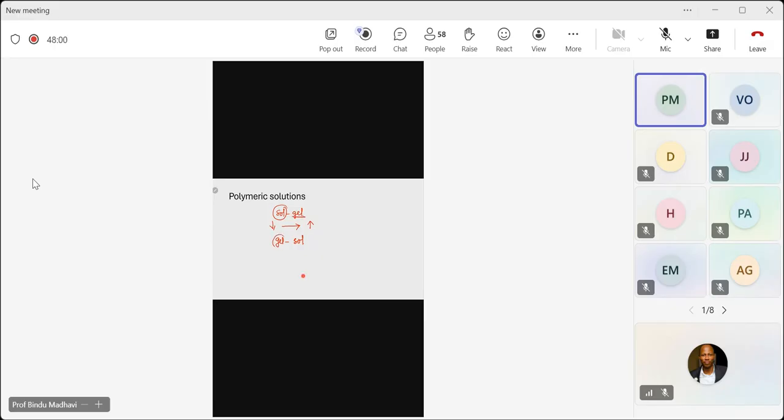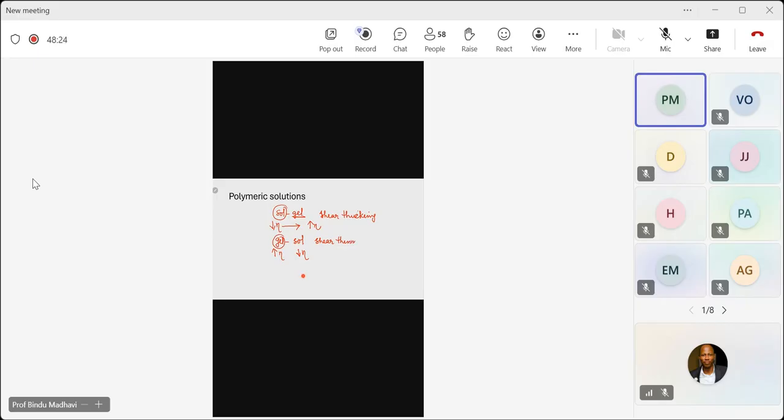So gel is with increased viscosity, and when it is getting into sol state, there is a decrease in viscosity. Shear thickening systems are called sol gel systems. And gel to sol are shear thinning systems.